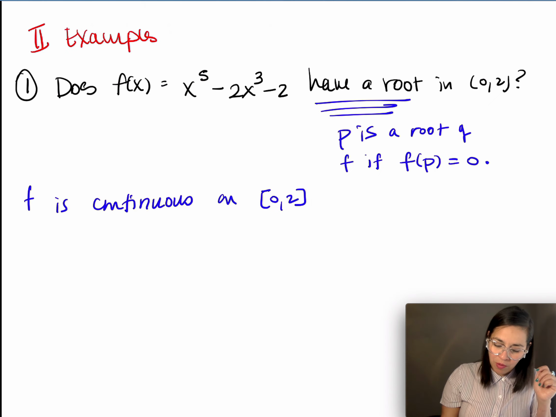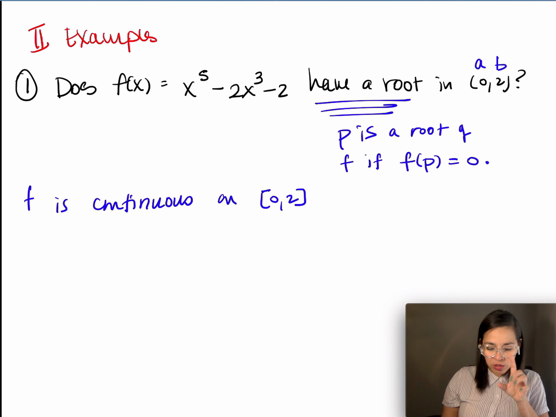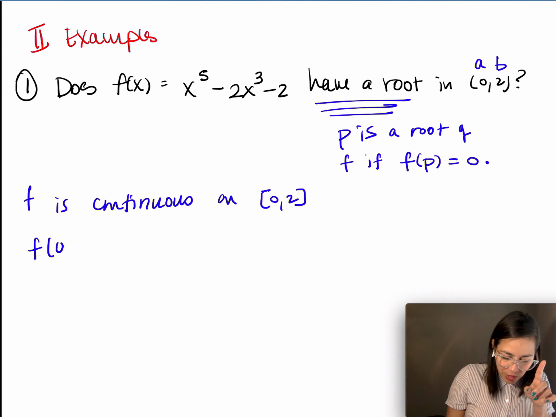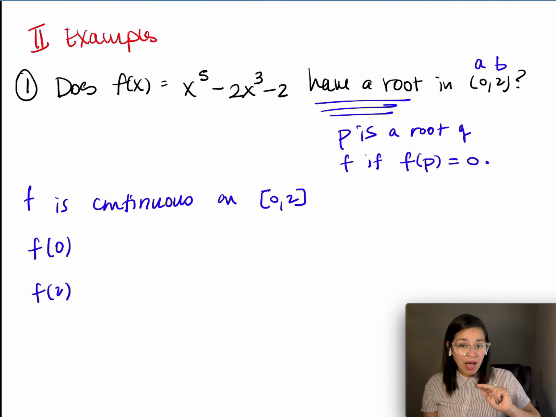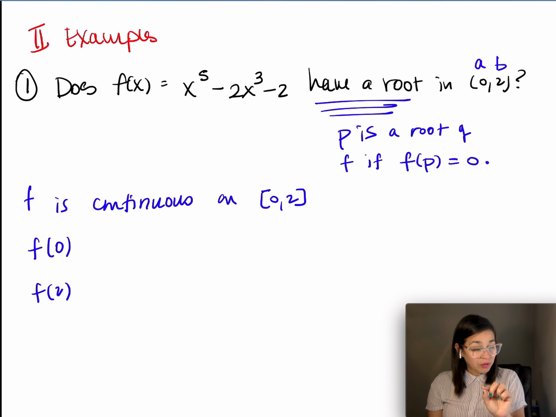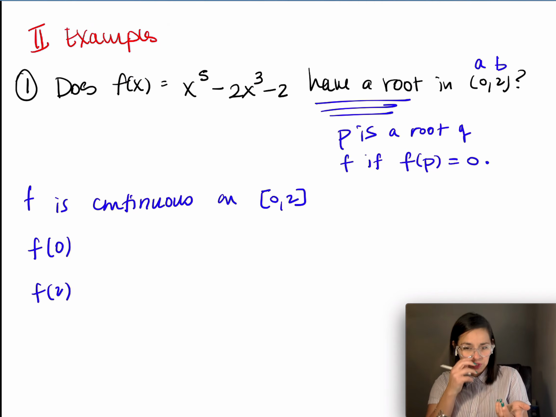So you go back to the problem. Now this is a and this is b. So long story short, if I do f(0) and f(2) and I get something negative and something positive, since 0 is in between something negative and something positive, then by the intermediate value theorem, there's a c in between 0 and 2 such that f(c) is equal to 0.